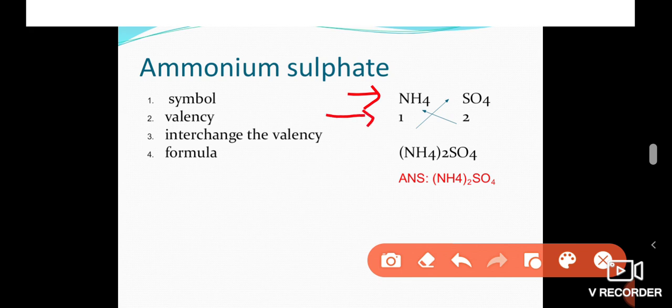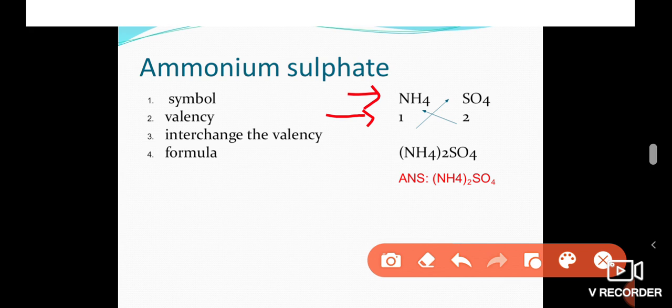Ammonium is a polyatomic positive ion, that means NH4 plus. That plus denotes 1 valency. So the valency of the ammonium ion is 1. And the valency of SO4, that means SO4 2 minus, is 2. Then the third step, interchanging the valency.